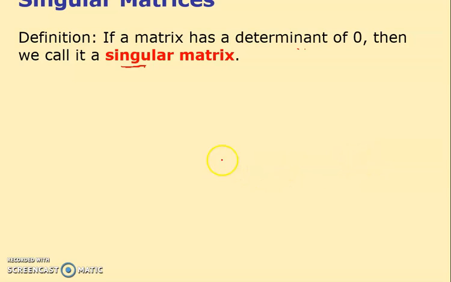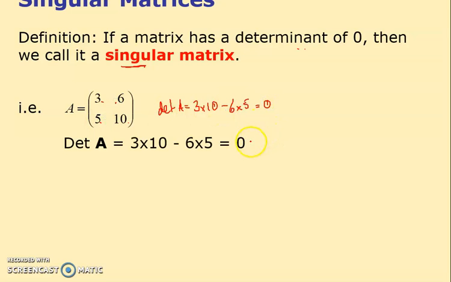And this is when I tell you what it is. A singular matrix has a determinant of 0. So take this one here. If I find the determinant of A, I do 3 times 10, which is 30, minus 6 times 5, which is 30. So obviously that is 0 when I do that sum. And therefore A is a singular matrix.